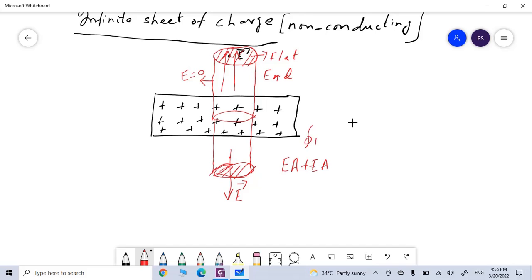So ultimately the formula is integral E dot dA is equal to enclosed charge over epsilon 0. So here this is EA plus EA, that gives you 2EA.